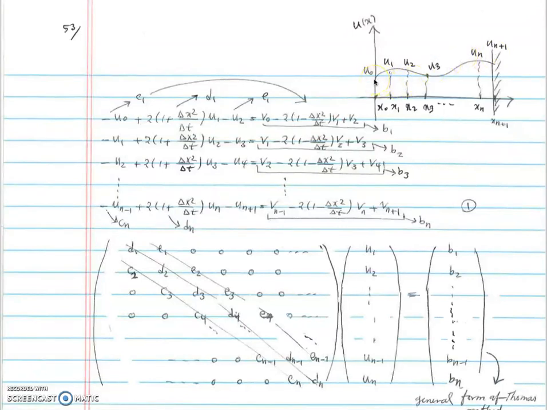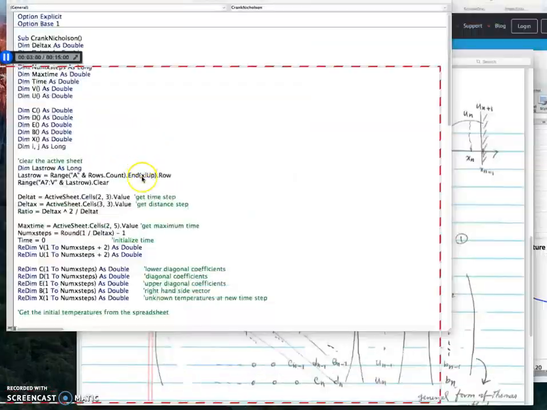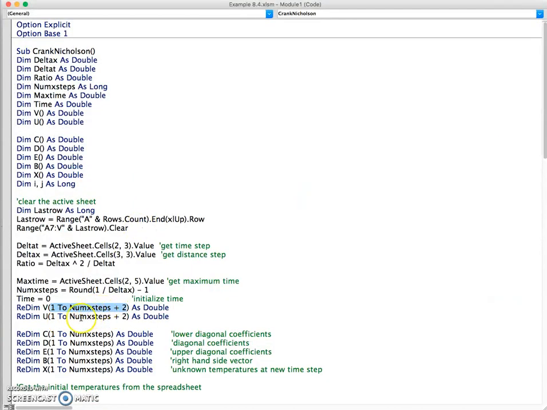So our index in VBA starts from 1, meaning that u0 in this figure becomes u1 in VBA. u1 in this figure becomes u2 in VBA. u2 in this figure becomes u3 in VBA, and so forth all the way to un plus 1. So un plus 1 is un plus 2 in VBA. And that's why we have n plus 2 elements here. And similar case with u's and v's.